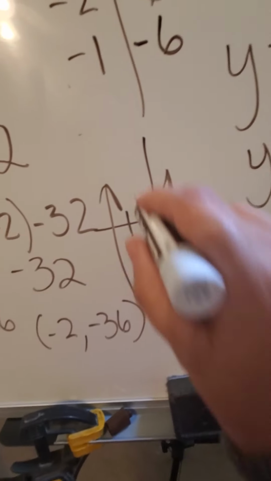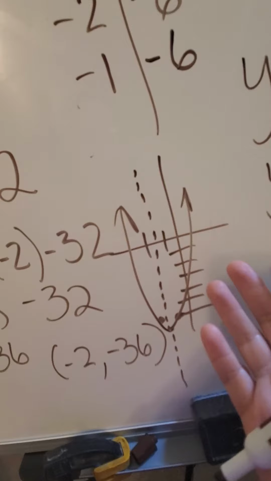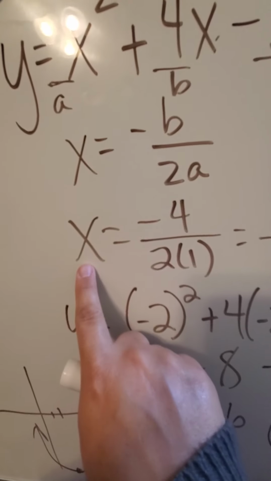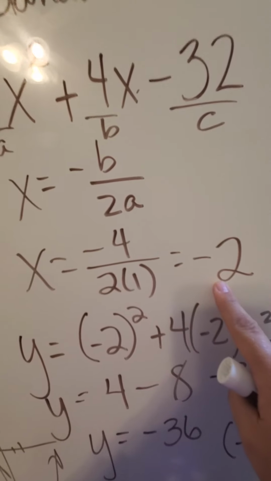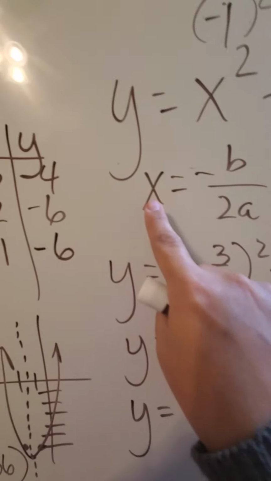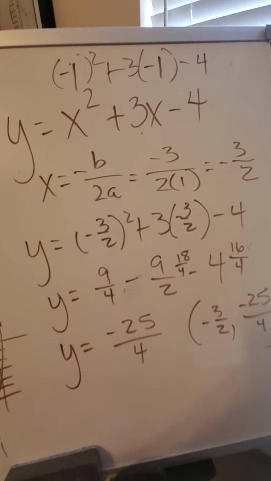Okay, now, if they talk about axis of symmetry, that's just the line that cuts it in half and makes it a mirror image. And that's always your x value. So x equals negative 2, that would be my axis of symmetry, okay? Over here, x equals negative 3 over 2, that's going to be my axis of symmetry.